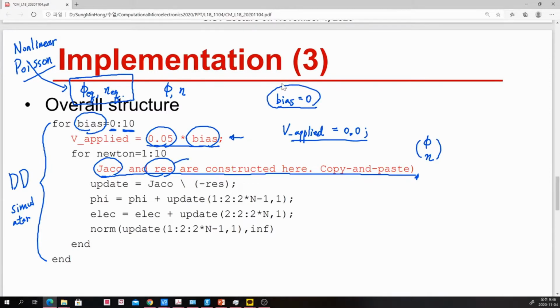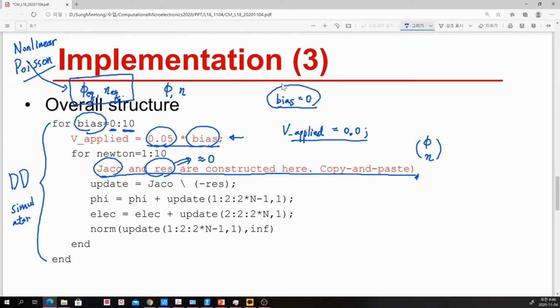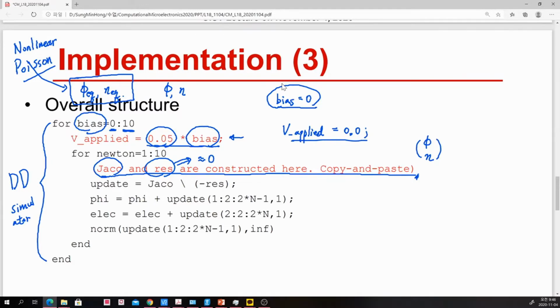So the residual vector will be quite close to 0, within numerical error or within your previous convergence criterion. Since the residue vector will be quite close to the null vector, your update vector will also be quite close to the null vector.